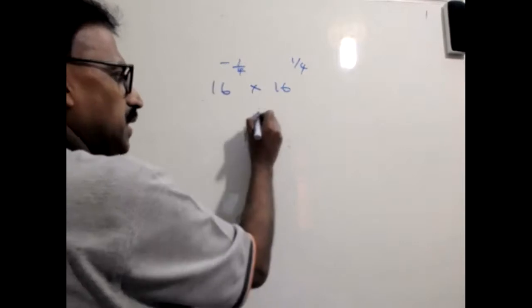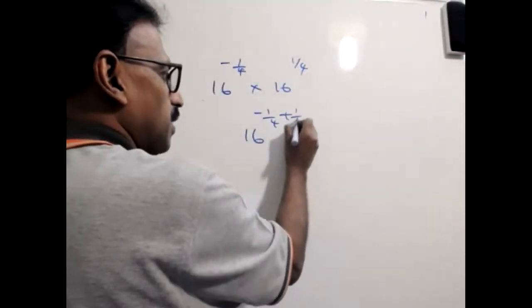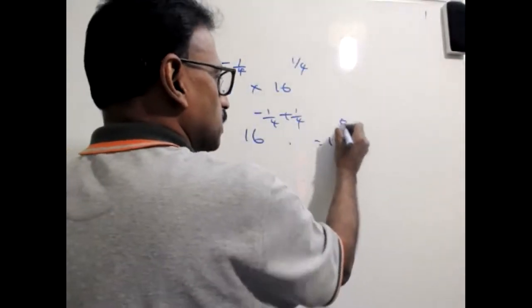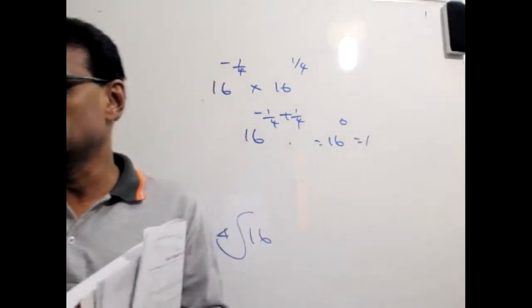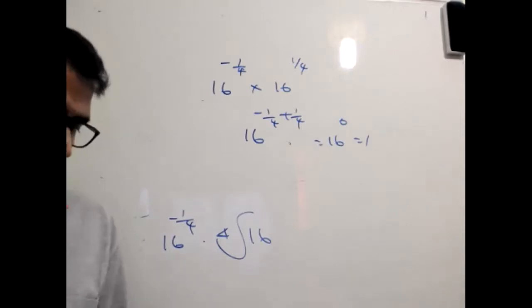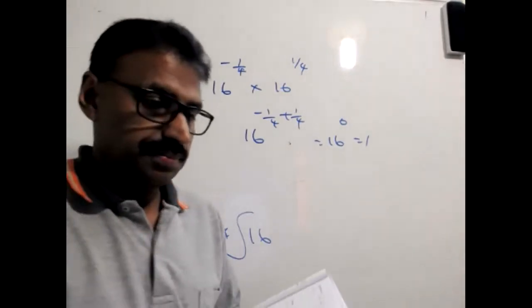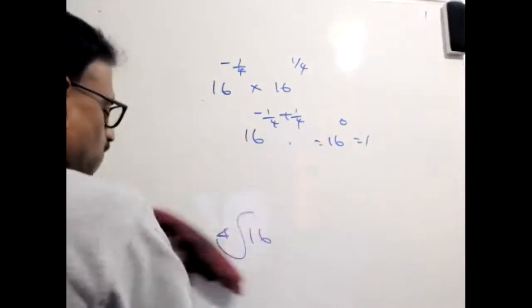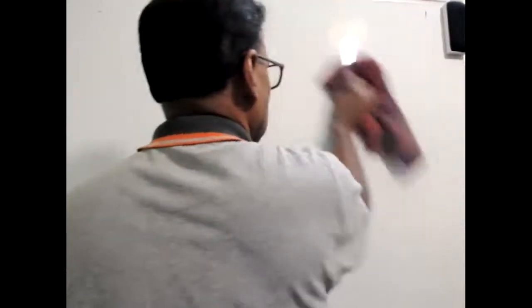That is 16 raised to minus 1 by 4 plus 1 by 4 equal to what? 16 raised to 0 equal to 1. Okay, next one. Try this question. Is it okay now? What different method did you use? You got one, right? Okay.